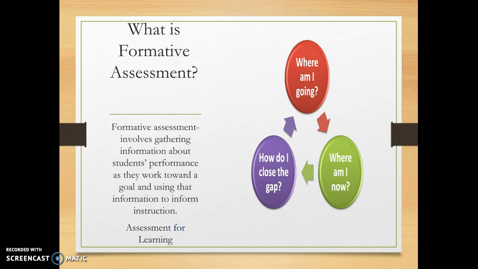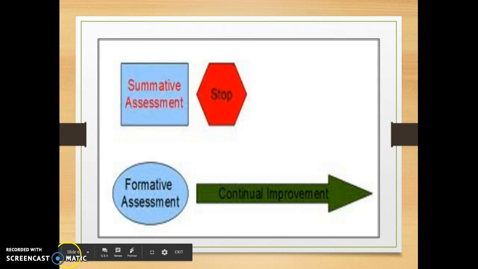So you look at where am I going, how do I close the gap, and where am I now in order to use formative assessment with your students. The difference again between formative and summative assessment, after a summative assessment, you stop. After conducting a formative assessment, it leads you on the road to continual improvement for each and every student in the classroom.